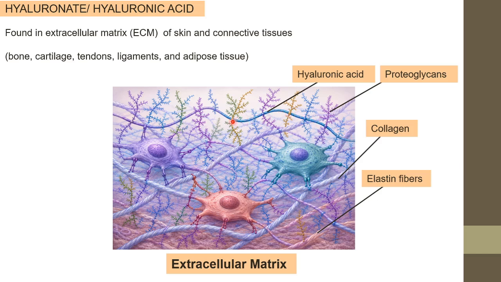These exist as glycosaminoglycans. But if you look here, this hyaluronic acid is linked, not covalently, with other proteins and heteropolysaccharides. These are proteoglycans, and in these proteoglycans other glycosaminoglycans are present: chondroitin sulfate, dermatan sulfate, and keratan sulfate, which we will talk about in the next slides.